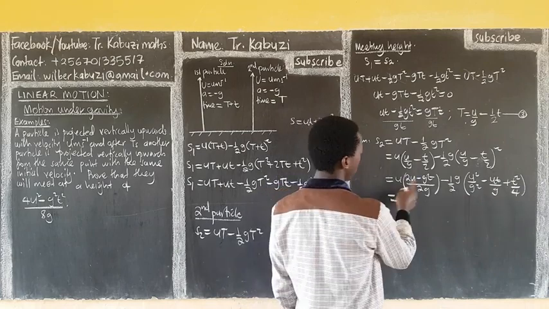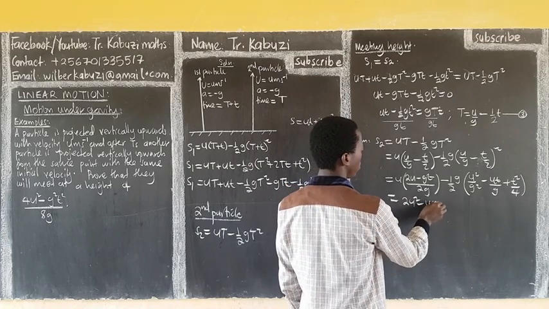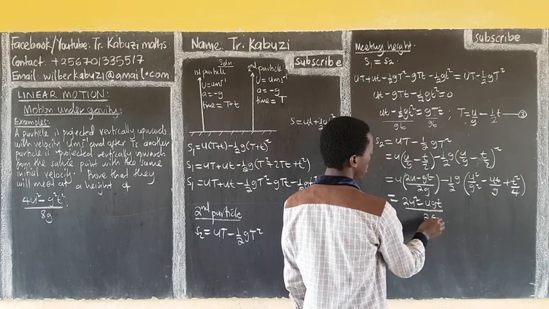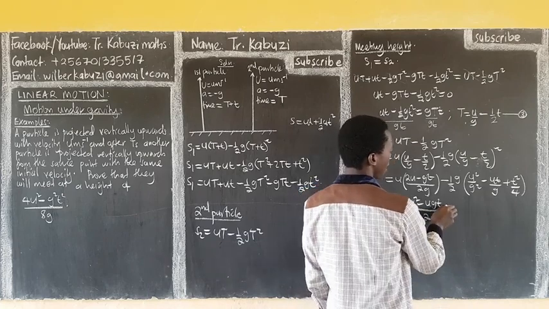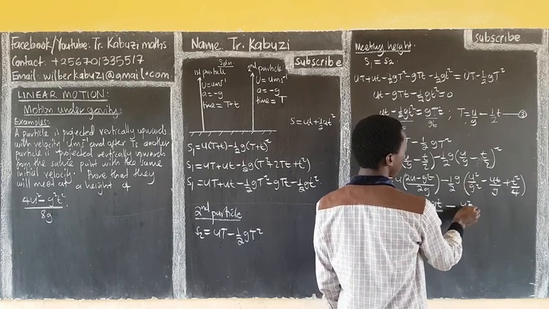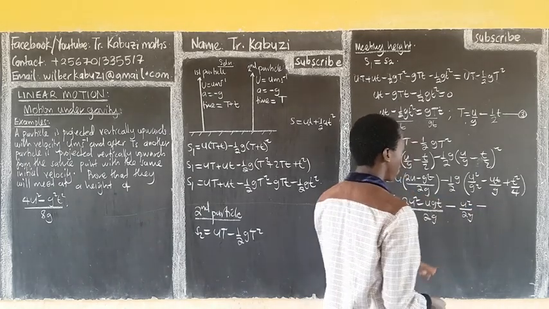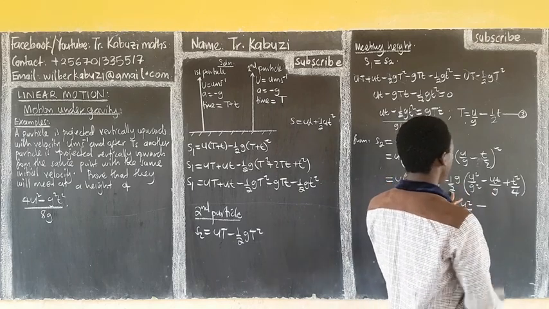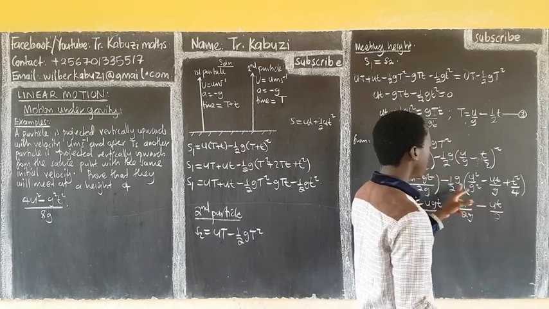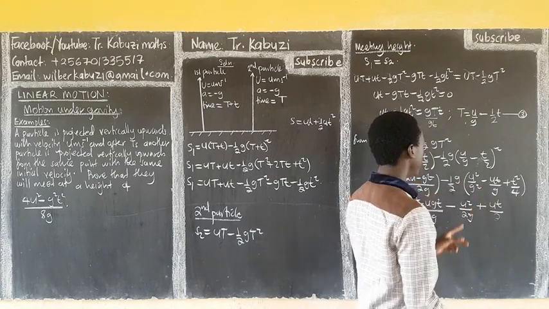So can you open brackets? When you open brackets here, I have 2u squared minus u dt, the whole of this over 2d, then minus, multiply here, this will cancel, I'll be having u squared over 2d, then minus, when I multiply here, this will cancel, so I'll be having ut over 2, because this negative and this negative will give us positive.